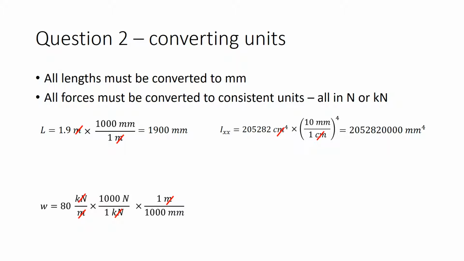As you can see here, we have units of newtons per millimetre, but the 1,000 multiple and the 1,000 division are going to cancel, leaving us with 80 newtons per millimetre. And in the question, it's okay to write that down as long as you know what you're doing with the units. If you have to convert from kilonewtons per metre to newtons per millimetre, the conversion factor is 1, and you can just change the units.